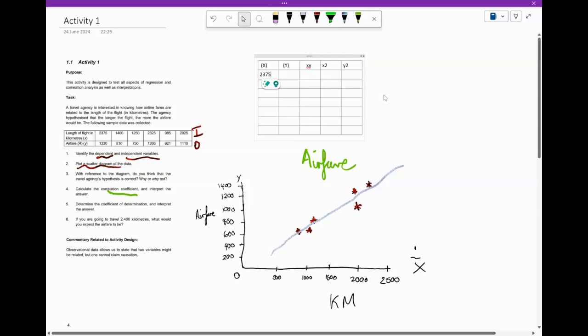So here, immediately you're throwing in the x values and y values also. You can do it at the same time if you want.